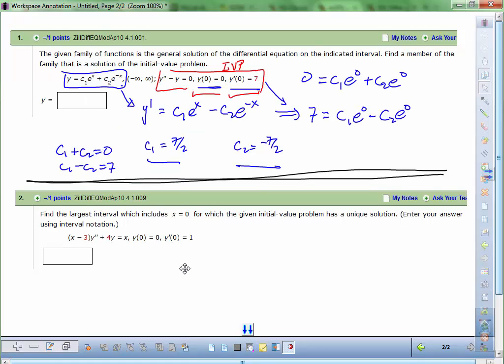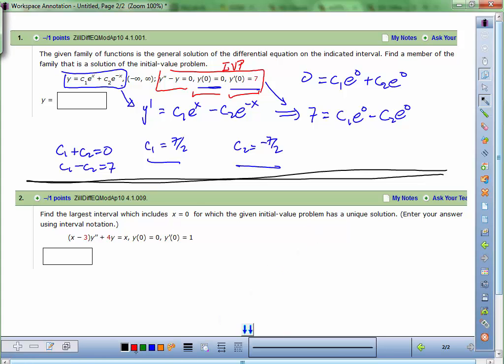In this particular problem, they want us to find the largest interval, that includes 0, which would contain your unique solution for your IVP. So our IVP is this whole thing. It's the differential equation, and you have two initial conditions.